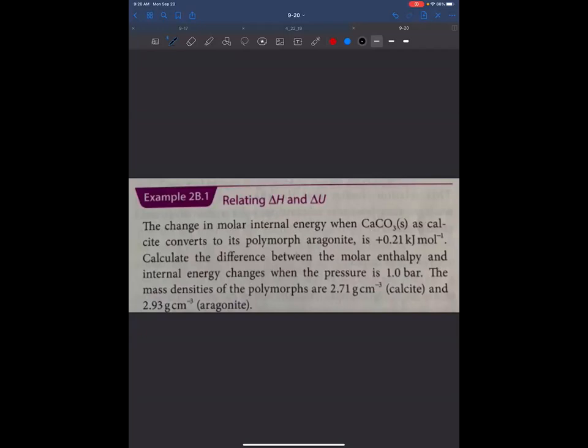Here they want you to think about the relation between the molar internal energy change and the molar enthalpy change when the pressure is 1 bar, and you have been given the mass density. So write down these numbers in the corner of your notebook or wherever, and then I'm going to remove this screen and try to solve this problem together with you.